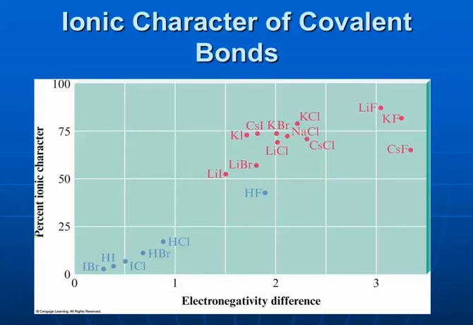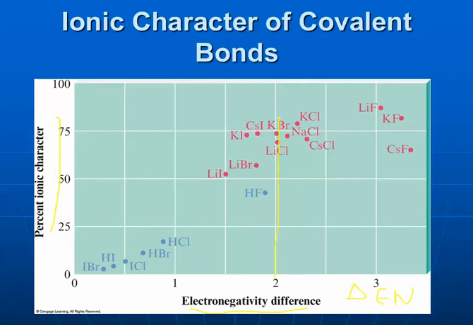So what this chart is doing, notice it's graphing percent ionic character on the Y and the electronegativity difference on the X. And again, sometimes you'll see that written as delta EN. That's another symbol for electronegativity difference. Notice here's our 2 cutoff, right?